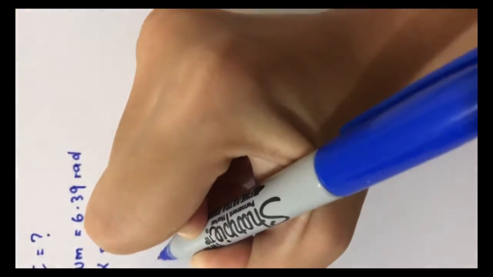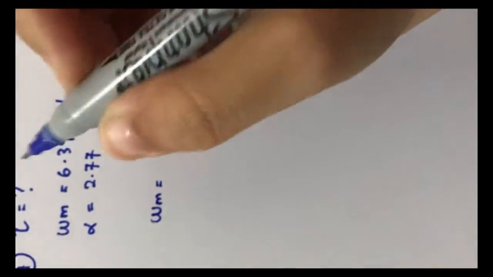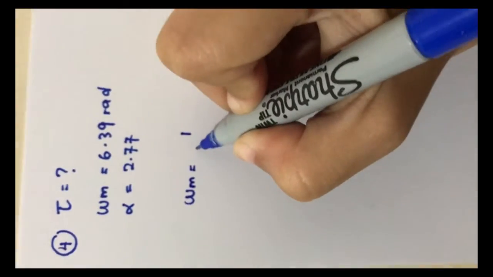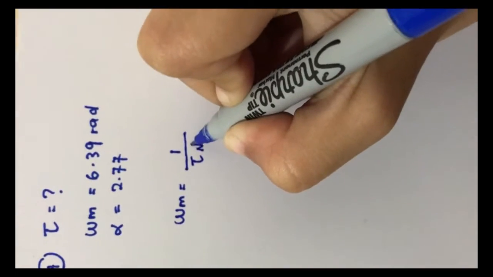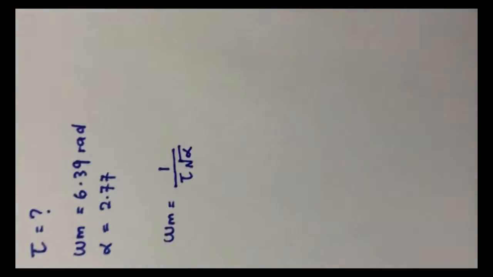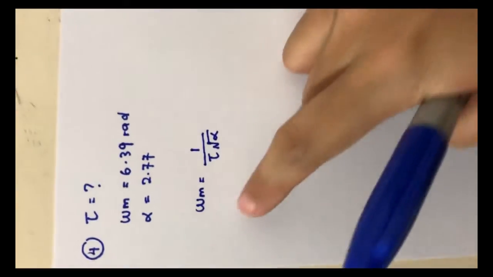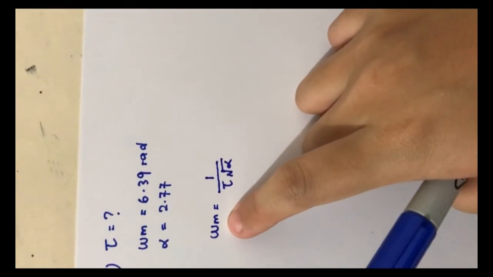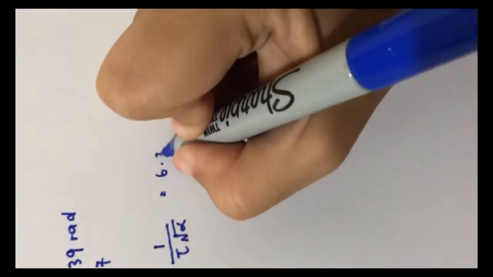So omega m equals 1 over tau square root of alpha. We already know our value of omega m, which is 6.39.